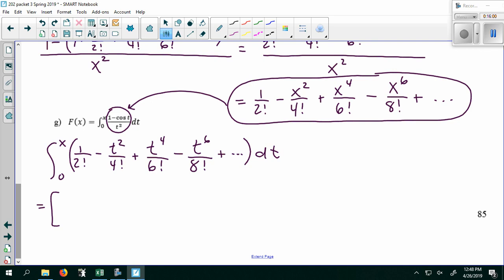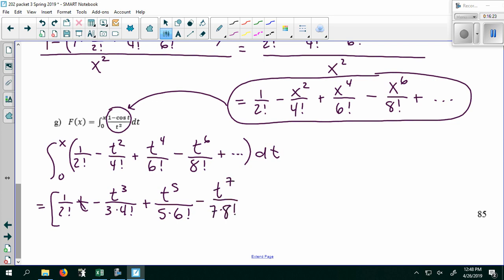So I have 1 over 2 factorial times t minus t cubed over 3 times 4 factorial plus t to the 5th over 5 times 6 factorial minus t to the 7th over 7 times 8 factorial, evaluated from 0 to x.